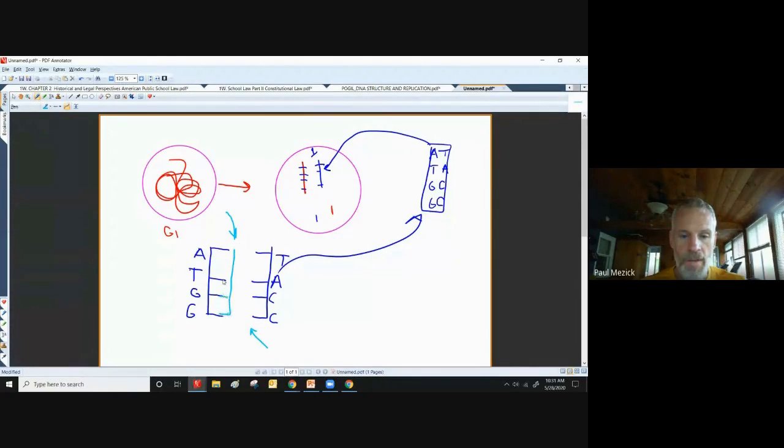That strand is going to be a T, an A, a C, and a C. And then over here, this is going to make a new strand, and it's going to be an A, T, a G, and a G.